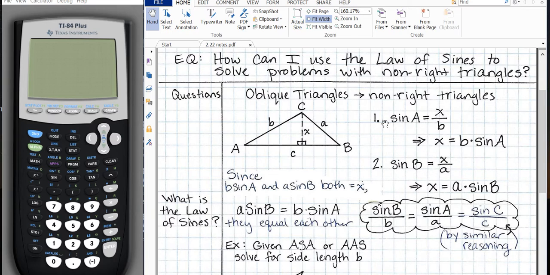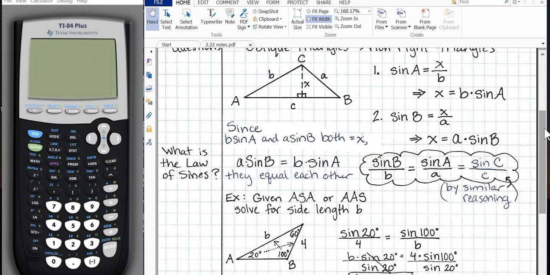So we set up our trig formula, and then we can solve for x. Here we multiply both sides of the equation by b in order to isolate our variable x. And that gives us x equals b times sine A. So that's stuff you guys are really familiar with. Good stuff.